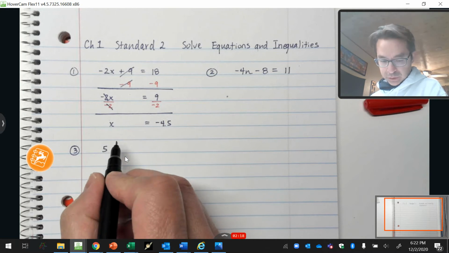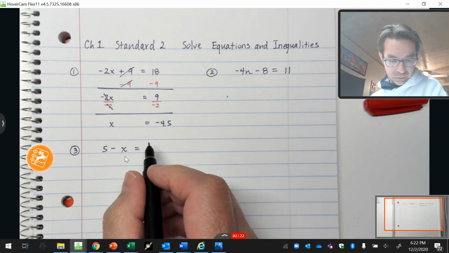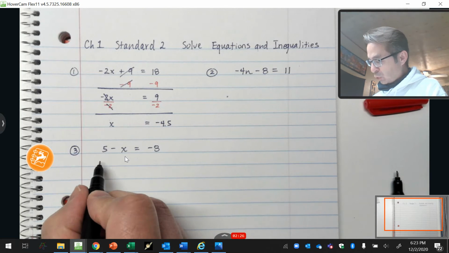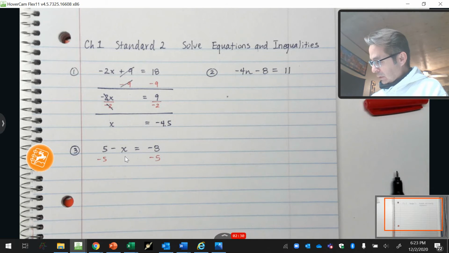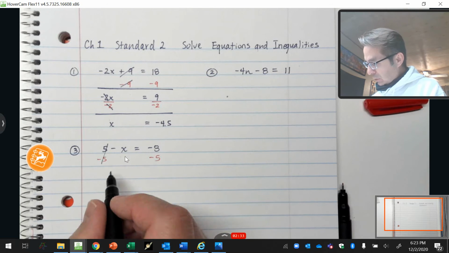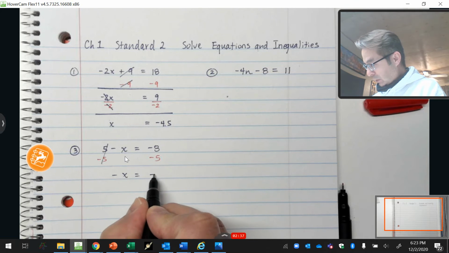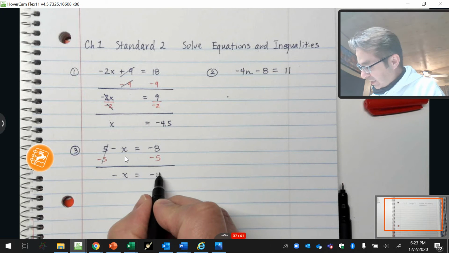Next type of equation. Okay, so I'm going to need to subtract 5 on both sides. That cancels. You get negative x equals negative 13.